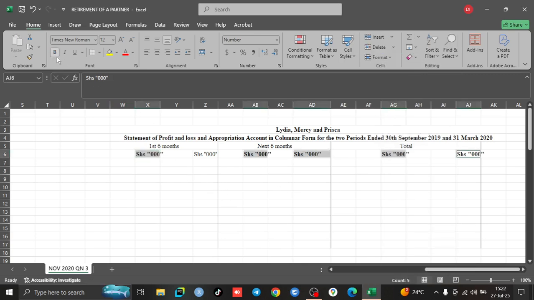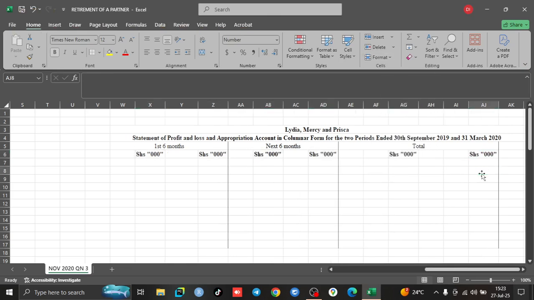Then when I select these ones, I want them to fit to the cells.